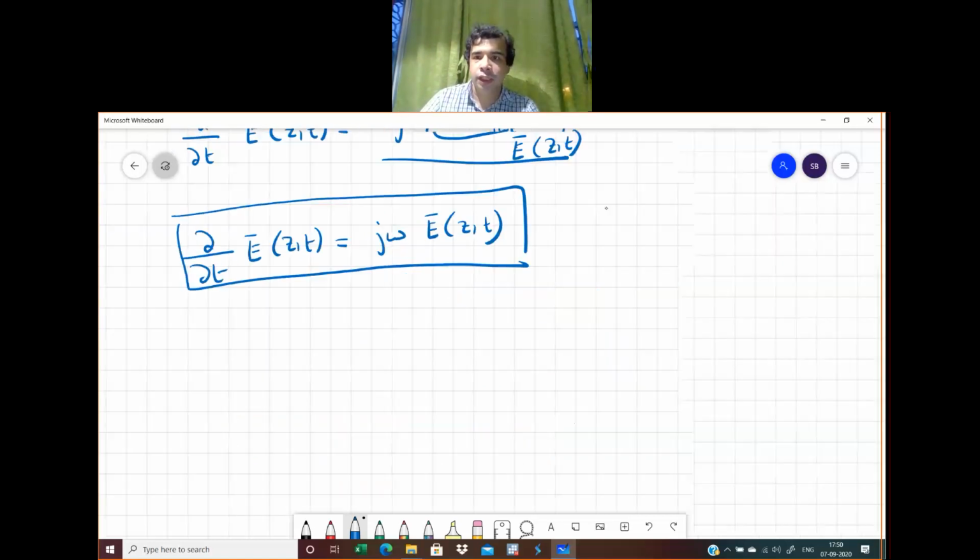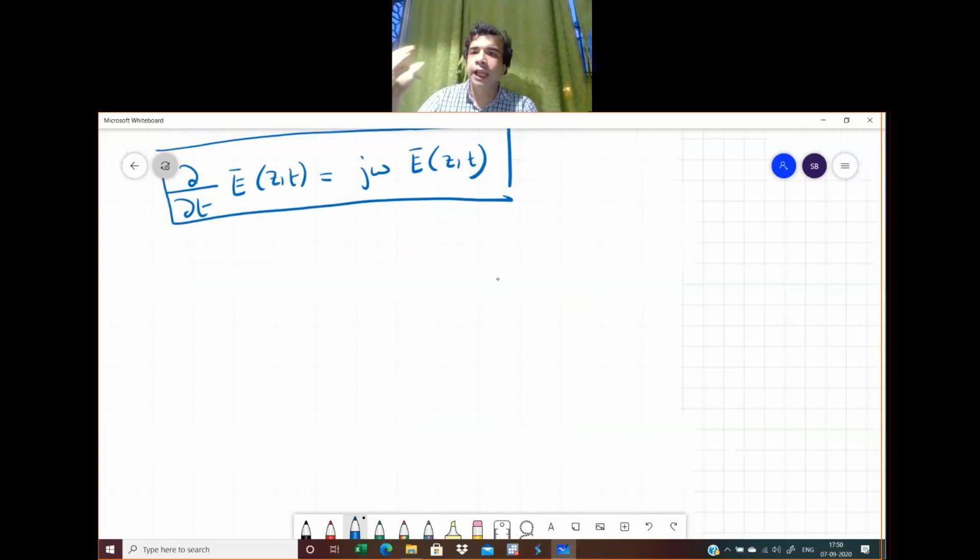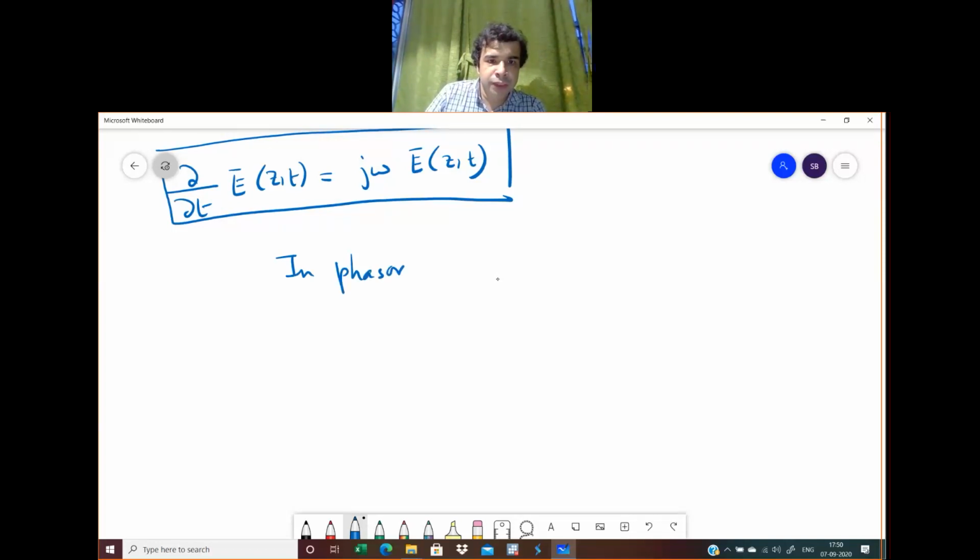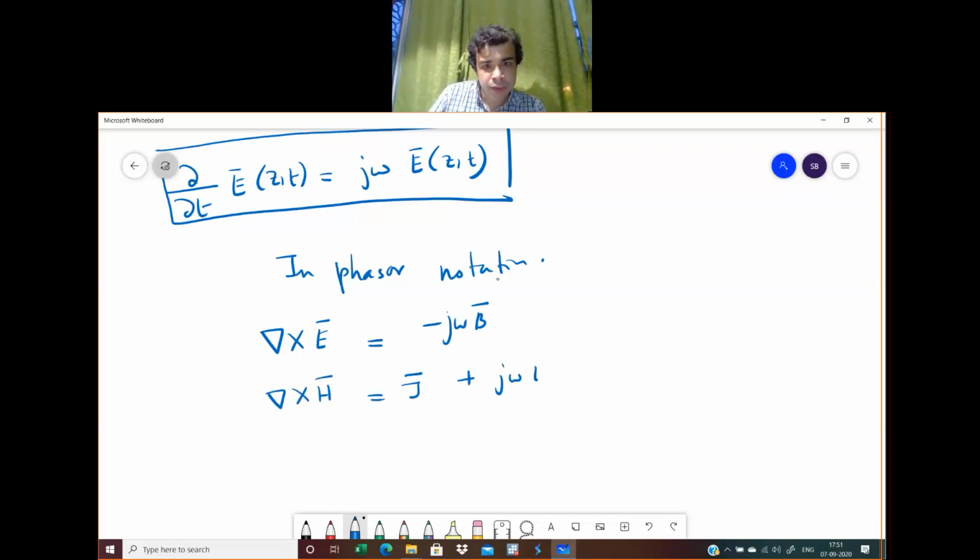And this we can do only if we have sinusoidal time variations of E and H. So in phasor notation, curl of E is minus j omega B, curl of H is plus j omega, sorry.